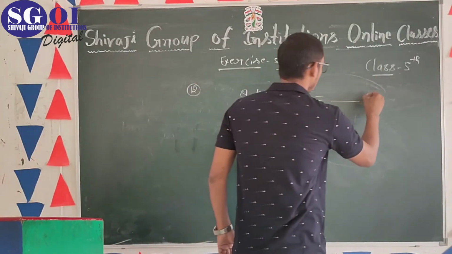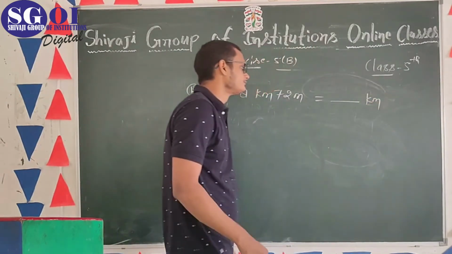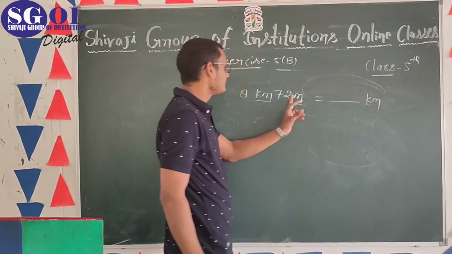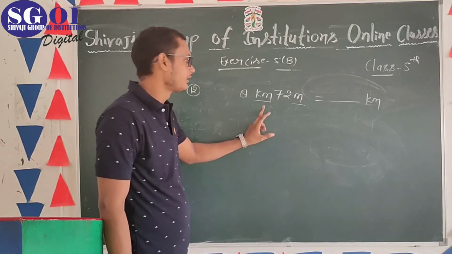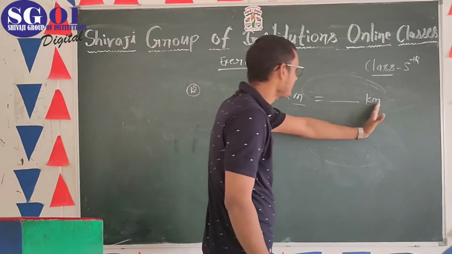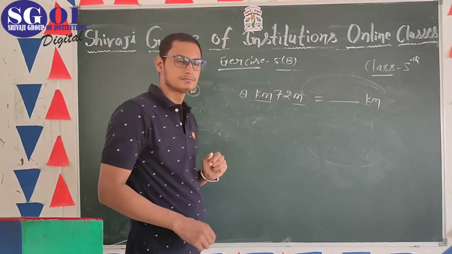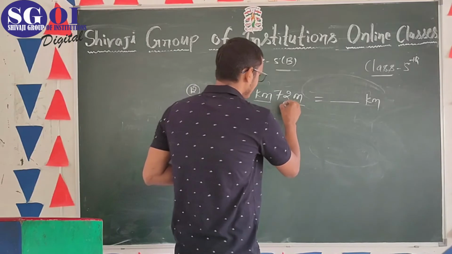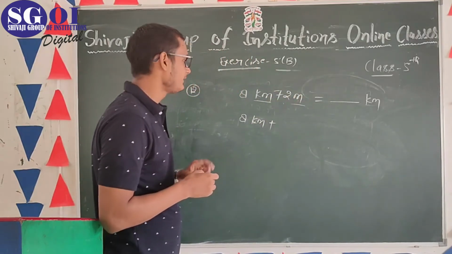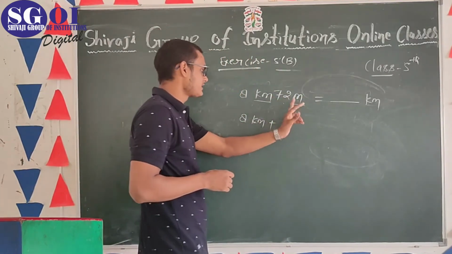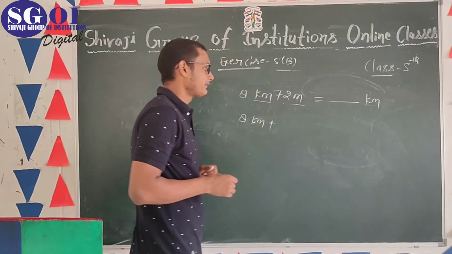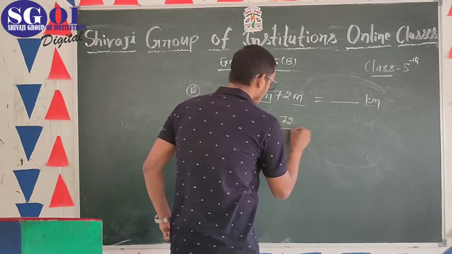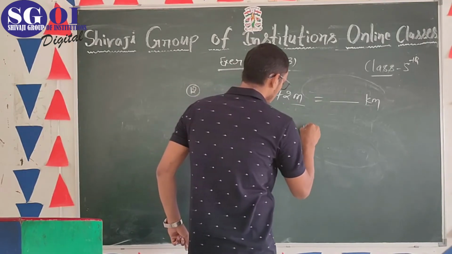Both the units are different, so first we change meter into kilometer, because we have to find the answer in kilometer. 8 kilometer plus 72 meter. 1 kilometer is equal to 1000 meter. When we change meter into kilometer, we divide by 1000: 72 upon 1000 kilometer.